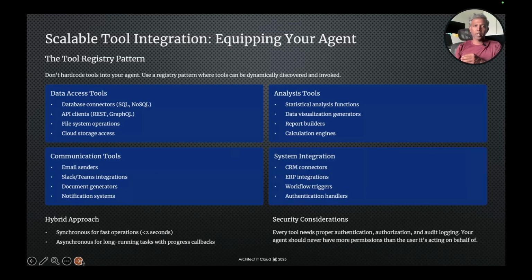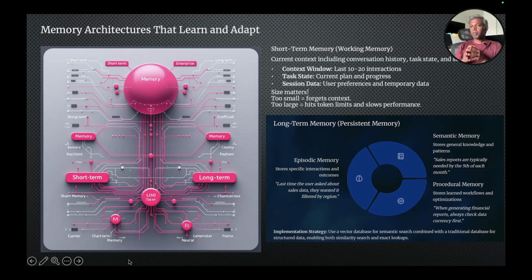Moving on to the next section, memory. As we initially learned, your AI agent architecture must have the four core components: the planner, executor, tools, and memory. When it comes to memory, your agentic system must have short-term memory, that is called the working memory.